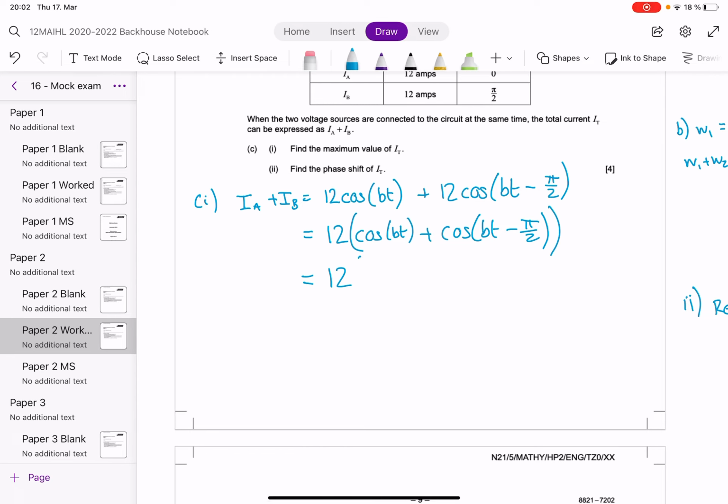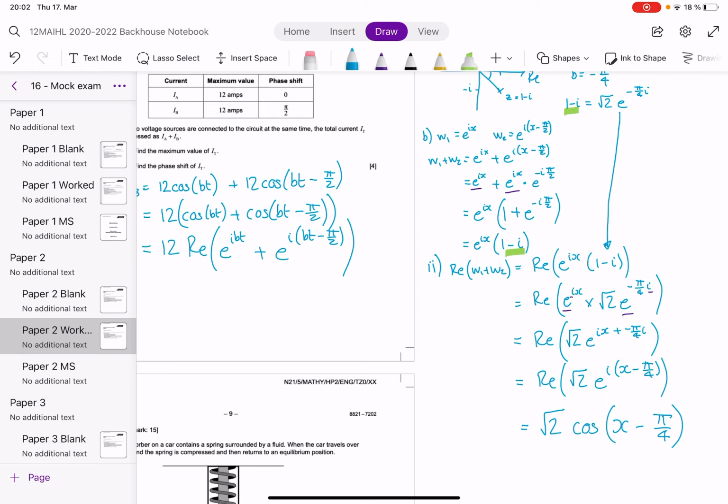So it's going to be the real part, I need Re for real, of e to the iBT for the first part of the bracket, plus e to the i(BT minus pi over 2) for the second part of the bracket.